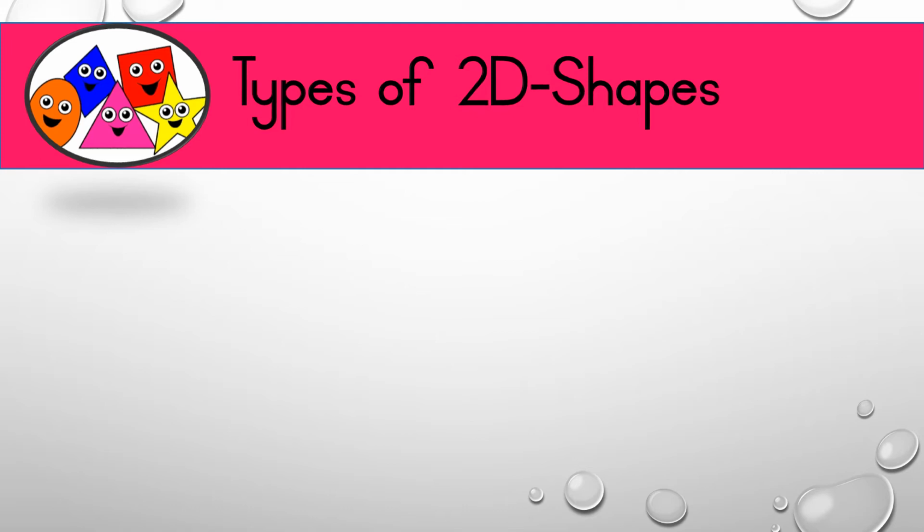Okay, so let's start. The first one is a circle. What is around you that's a circle? Quickly have a look. I have a doorknob that is actually a circle.